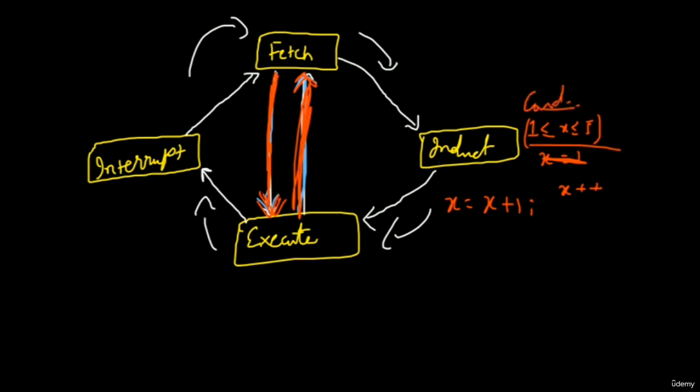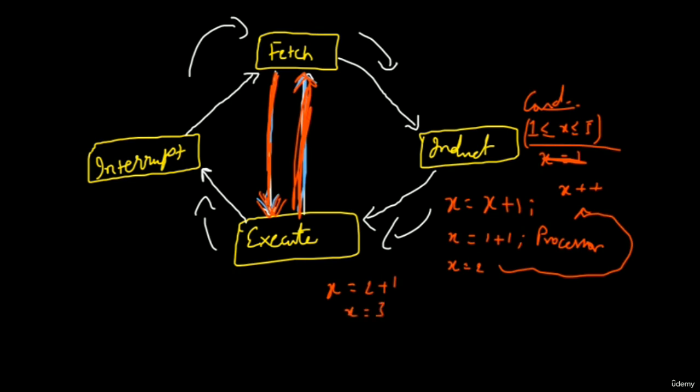So what's going to happen now? First of all, the 1 is fetched from the memory, and the value goes to the processor, and after processing it becomes 2. Now 2 is going to get incremented, and after that it will again fetch, and now 2 is fetched. So 2 plus 1, 3 is going to be our result, and now again it will fetch.